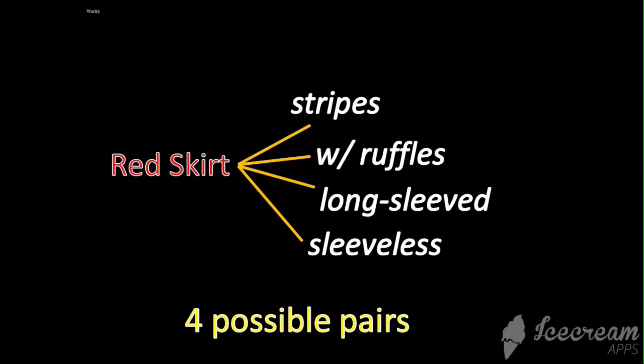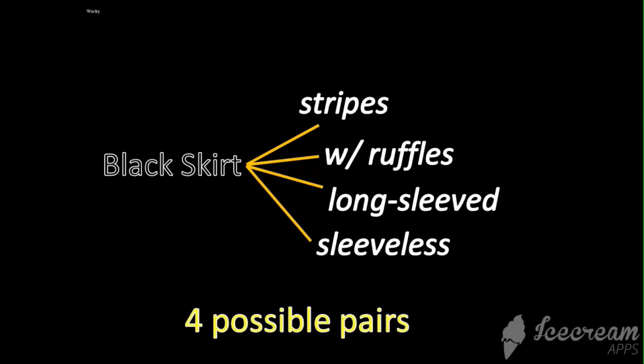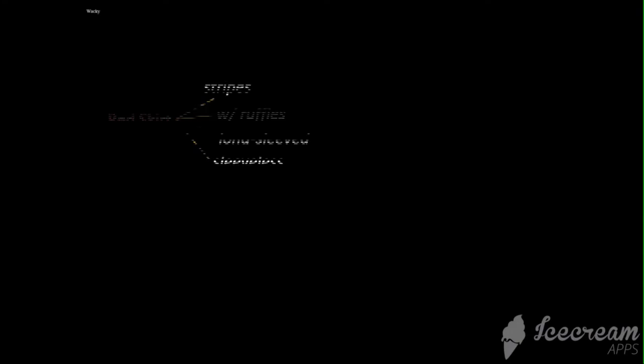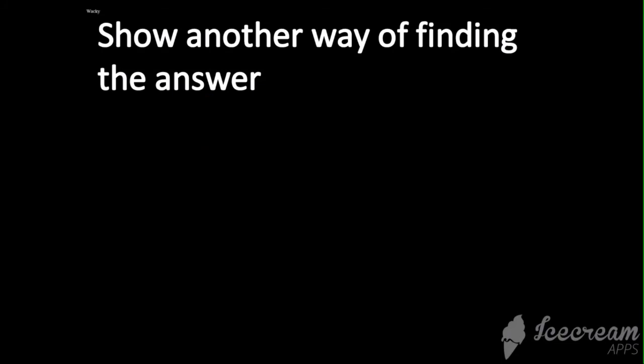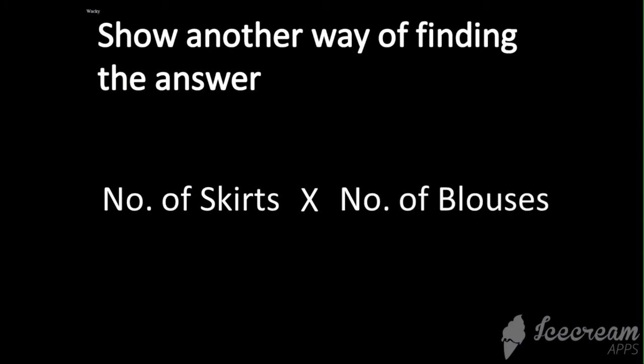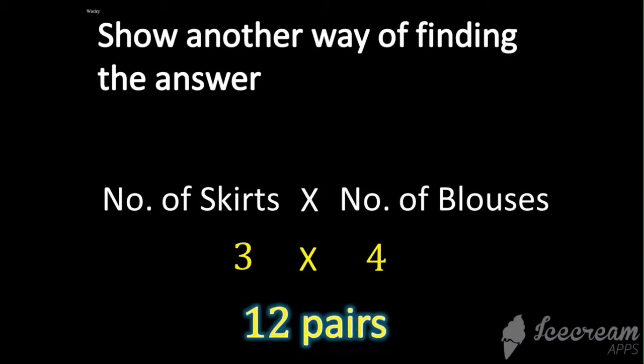So we can see there are 4 possible pairs when Anna wears a red skirt, and 4 possible pairs when Anna wears a pink skirt, and 4 possible pairs when Anna wears a black skirt. Three times 4, there are 12 pairs.